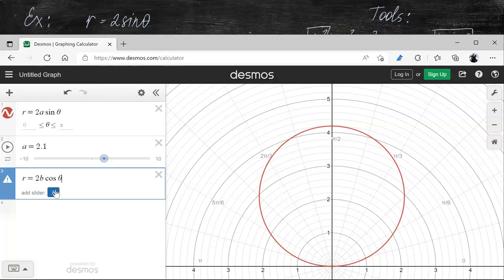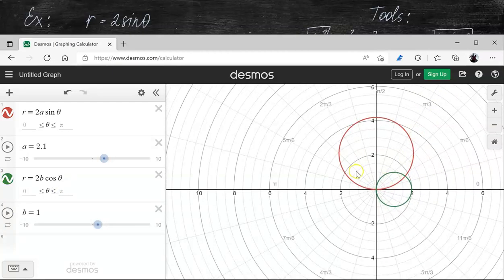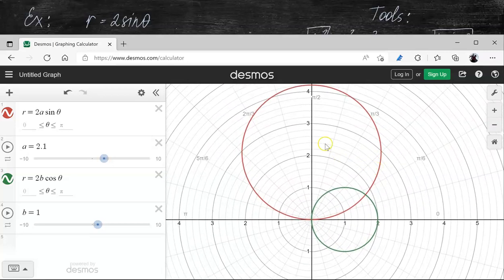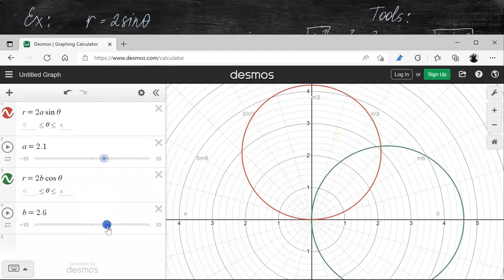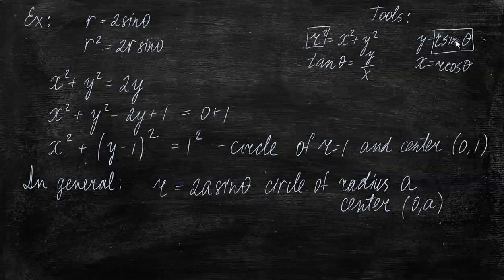Well, because of the co-function identity, cosine being the sine of pi over 2 minus x, we're going to get the same kind of image, but with the whole image rotated 90 degrees. So instead of being centered on the y-axis, it will be centered on the x-axis, but the pattern is very similar.